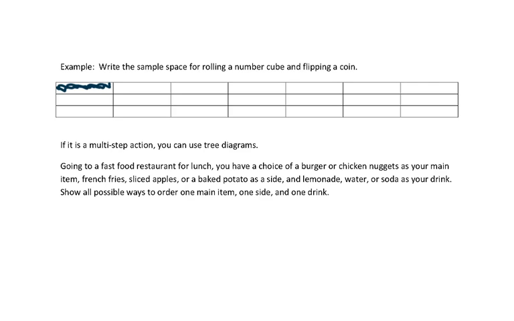These are the headings. The first one I made so that we can put the numbers 1 through 6 because that's how many numbers are on a number cube. And then the column is made up of heads and tails because those are the outcomes for flipping a coin.